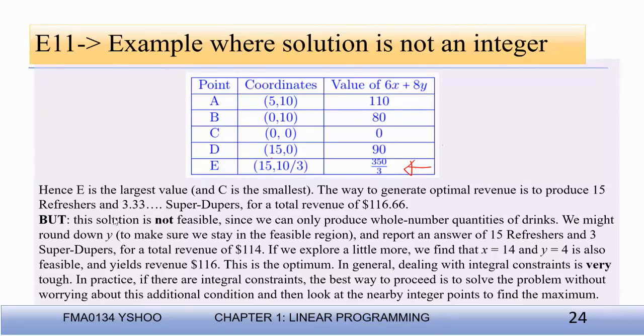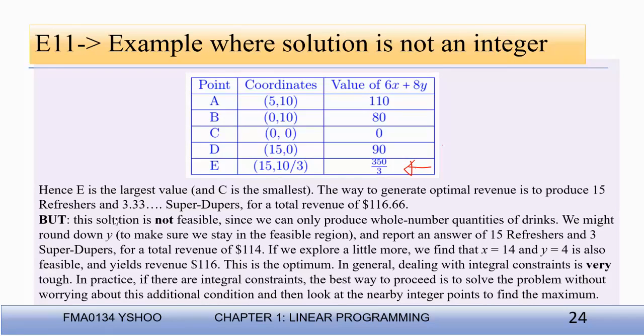So we need to round down y to make sure we stay in the feasible region and report an answer of 15 refreshers and 3 super dupers for a total revenue of 114. If you explore more, you can see that you have 116 and so on.